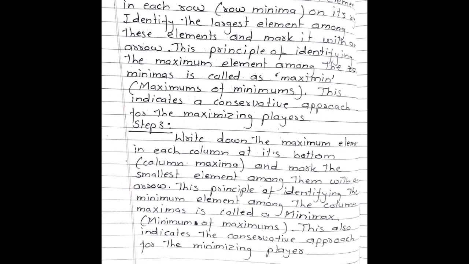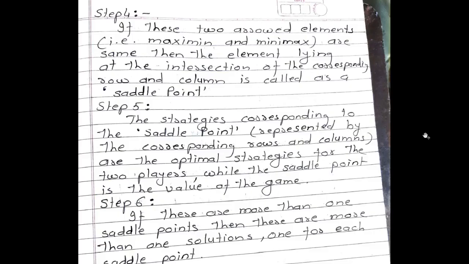Minimum of maximums. This also indicates the conservative approach for the minimizing player. Step 4. If these two arrowed elements, that is maximin and minimax, are same, then the element lying at the intersection of the corresponding row and column is called as a saddle point.